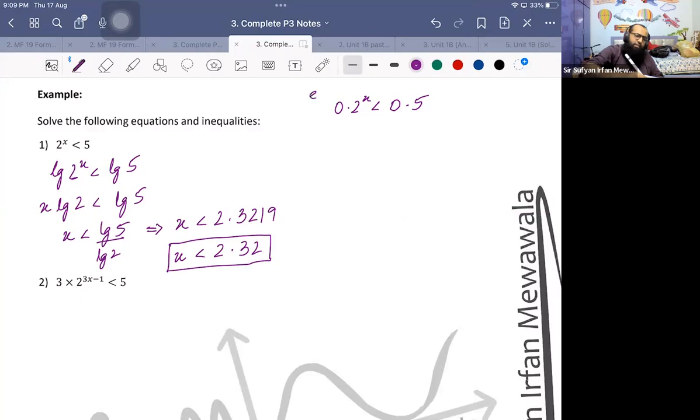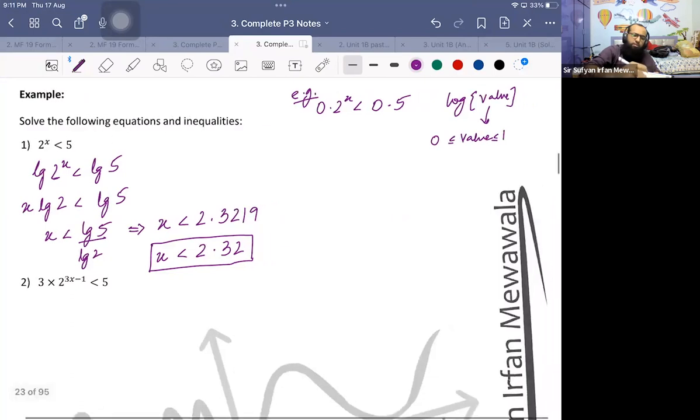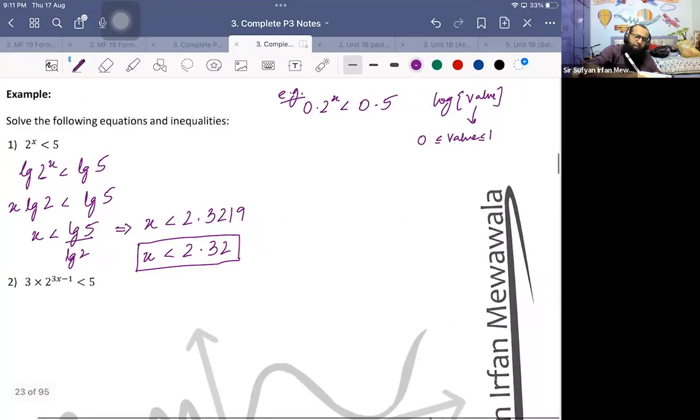Now, if I take another example, always remember that if log is applied on a particular value, and if that value lies between 0 and 1, then log of that value will be negative. Log of a negative number does not exist.